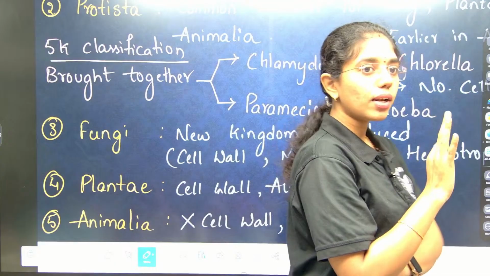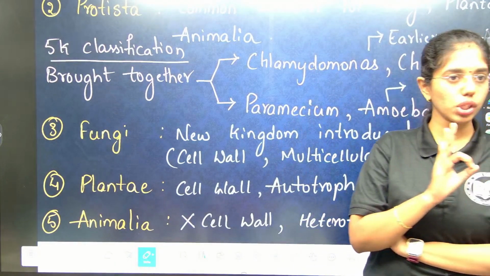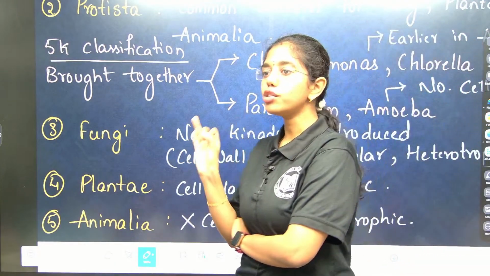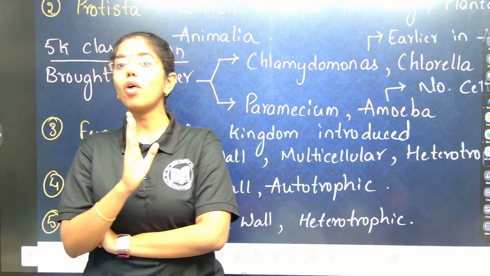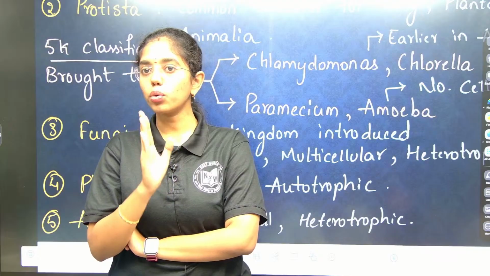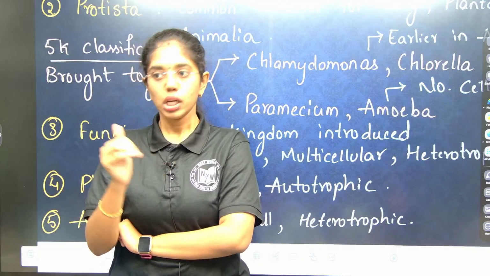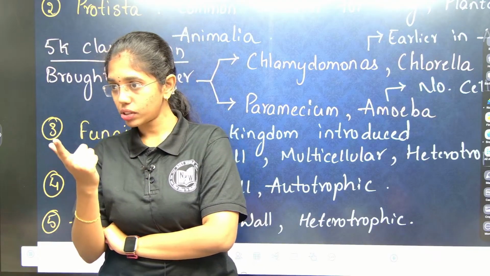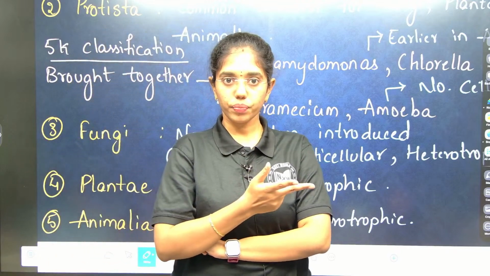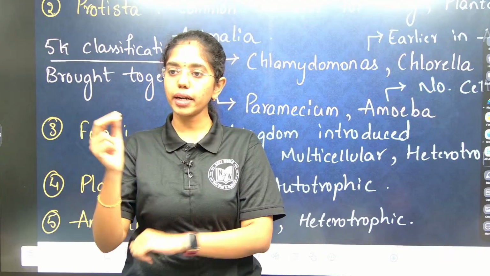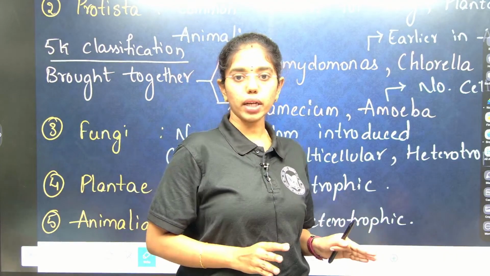All unicellular, multicellular placed in a single kingdom, all prokaryotes, eukaryotes placed in a single kingdom, because cell wall is the major criteria for 2 kingdom system of classification. Just now we have seen fungi is having cell wall, Monera is having cell wall, Plantae is having cell wall. As cell wall is the major criteria, all are dumped into one kingdom only.